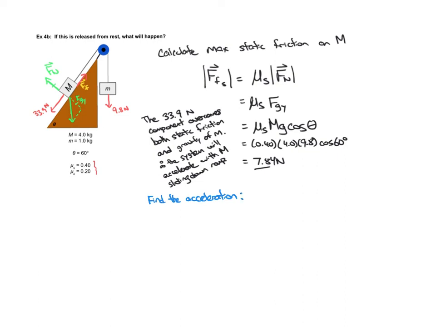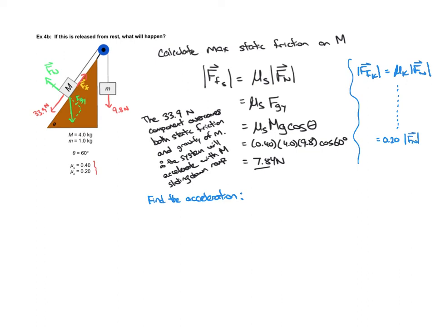So as soon as it starts moving, static friction turns into kinetic friction. So I'm going to have to calculate kinetic friction now, which will be mu k times the normal force. So all the calculations here are the same, except instead of 0.40, it is 0.20 times the normal force.